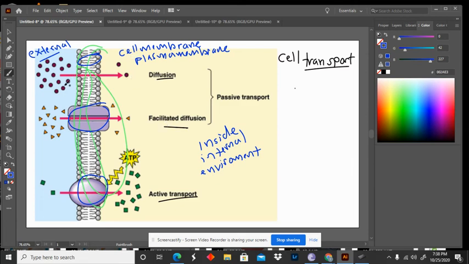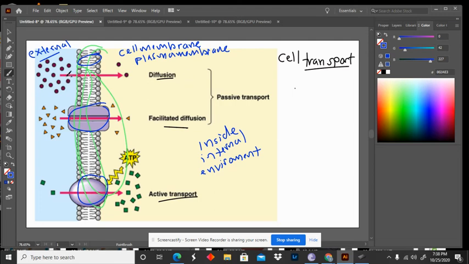So basically, outside we have high concentration of molecules. Inside we have low concentration. So like we said before, the molecules are going to move from an area of high concentration to low concentration, and the molecules move from outside of the cell into inside of the cell.